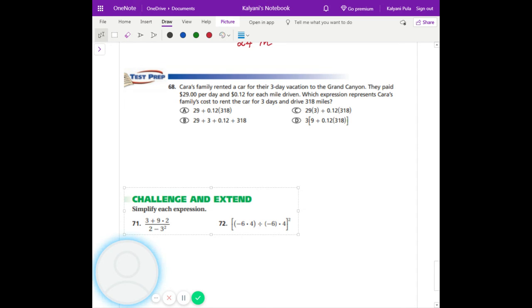So I did 0.12 times m, like an equation. That's right. And then I added 318 into m, which got me C. That's good. So for the 12 cents per mile driven, 318 miles, that means 12 cents times that also. Good job. Okay, let's complete the last challenge extender.